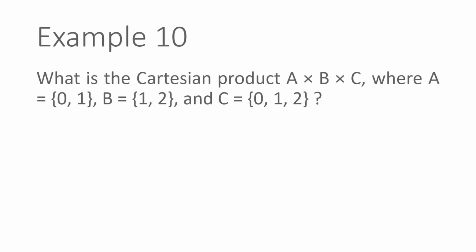So let's have this example. What is the Cartesian product A by B by C, where A is equal to {0, 1}, B is {1, 2}, and C is {0, 1, 2}?